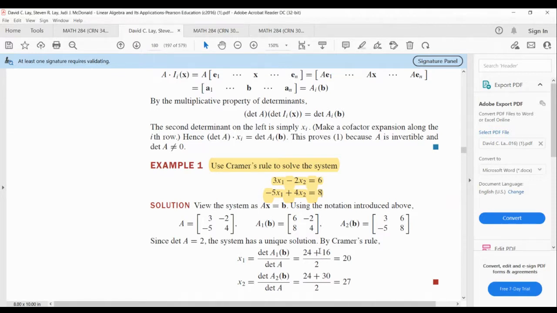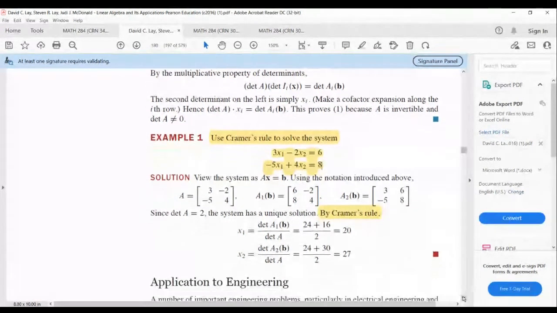Well, we're just going to use Cramer's rule right here, and we get our answers. So the solution to that system of equations is x1 equals 20 and x2 equals 27.